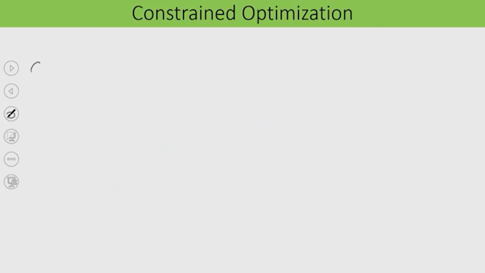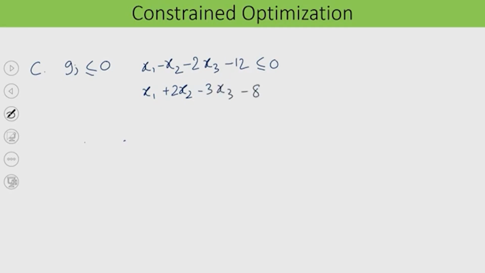Now, if you apply the third condition, that is z j is less than equal to 0, then I am getting that x 1 minus x 2 minus twice x 3 minus 12 is less than equal to 0, and x 1 plus twice x 2 minus thrice x 3 minus 8 less than equal to 0.